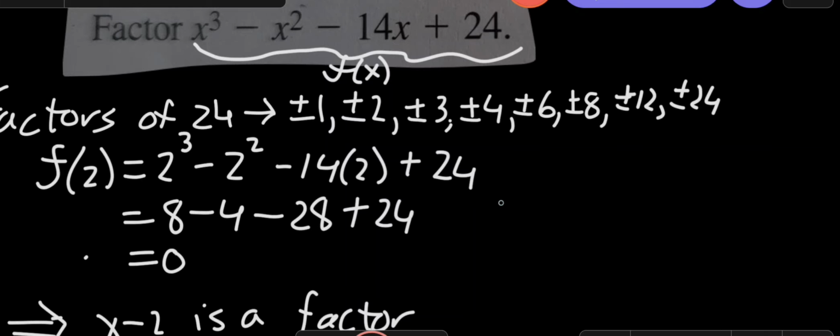So that could be wasting time for no reason, because the other roots could turn out to be irrational or complex. So that is not what you should do, all right? That is not efficient. What is efficient is, once we found one of the factors, now we have to do long division to find the other factors.